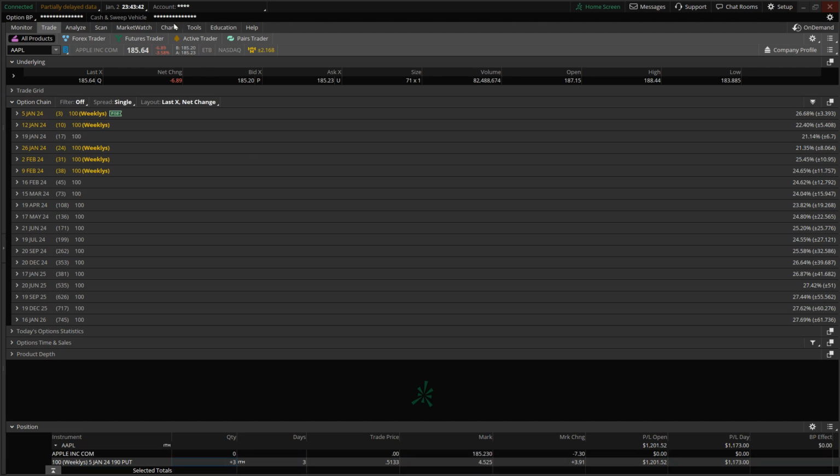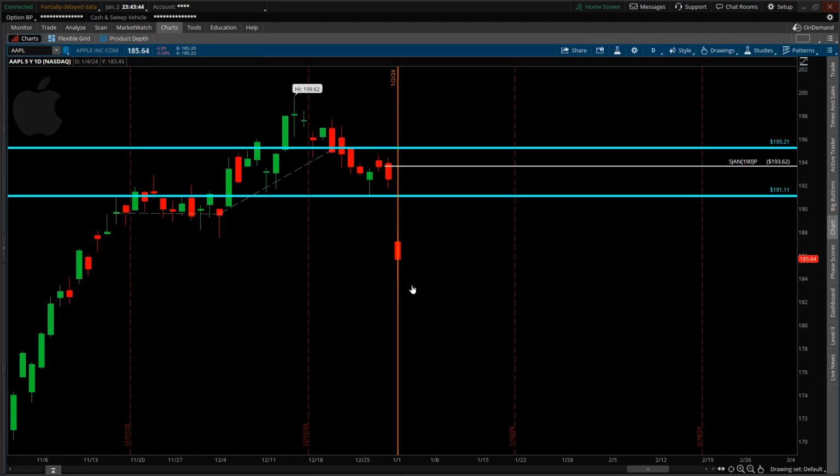But again, if there's a continuation to the downside heading into Wednesday morning's trading session, then that could speed things up a little bit more. As a matter of fact, Apple could probably break below 180 by the end of this week, or even before that. So as the week progresses, I'll do periodic updates. Until the next update, I'll be back.